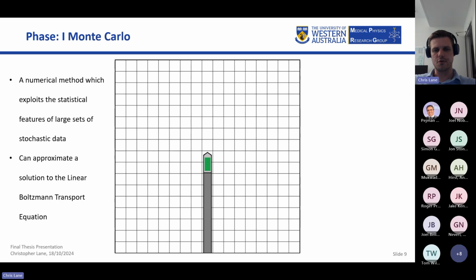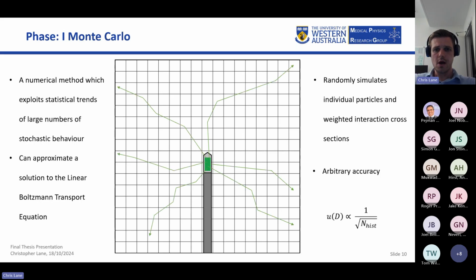If you consider this grid to be the scoring grid where we calculate the dose, and the thing in the middle is the source with its encapsulation, and the applicator cable coming out the back, then every time a history is run, it is generating a single photon at random.